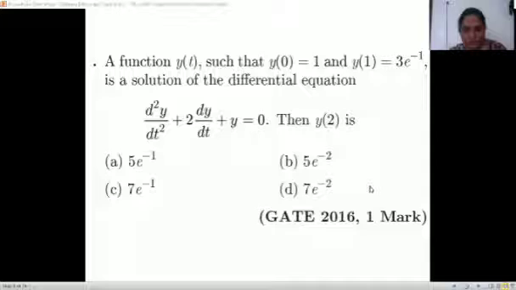Kedar? Kedar Jadhav? Then what is constant c1? Have you got c1?